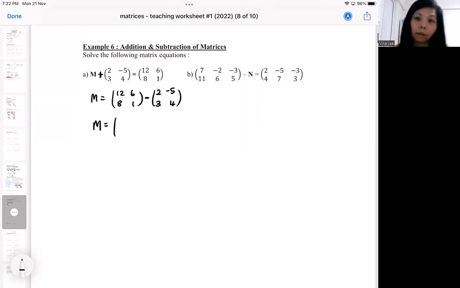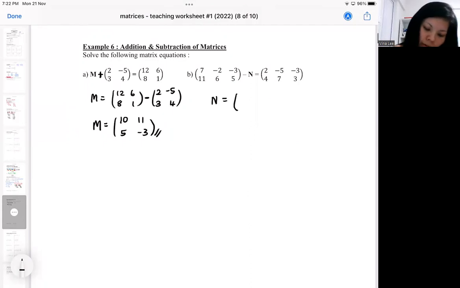So you can shift the matrices in this way. Then I will get 10, 11, 5, and minus 3. So same for part B. Okay, N will be this. Subtracting the other one. So to me, it behaves a bit like algebra.